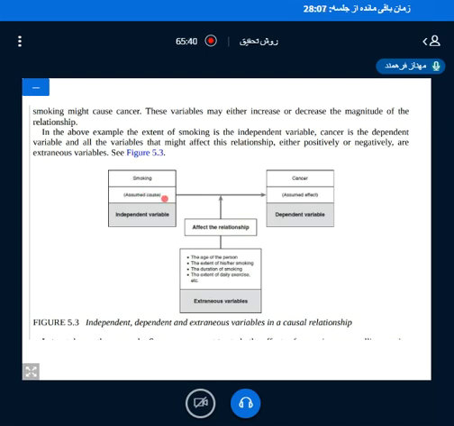Okay, in this chart you can see smoking at the top as the cause, the independent variable, and cancer as the effect, the dependent variable.